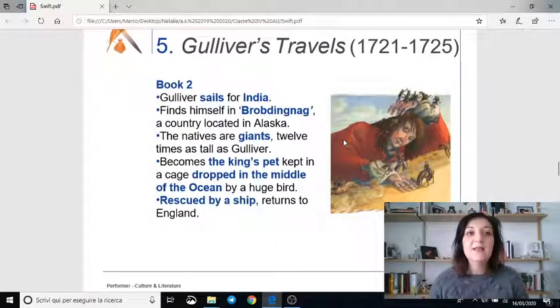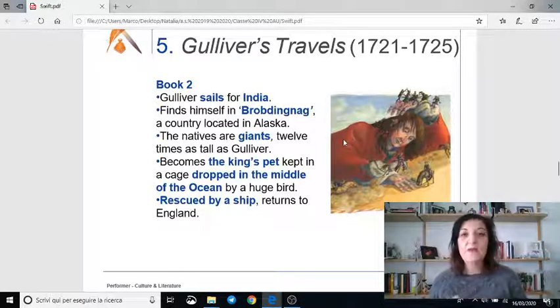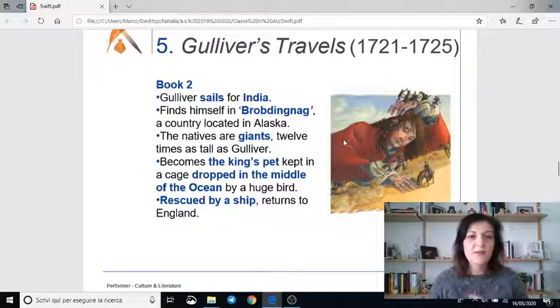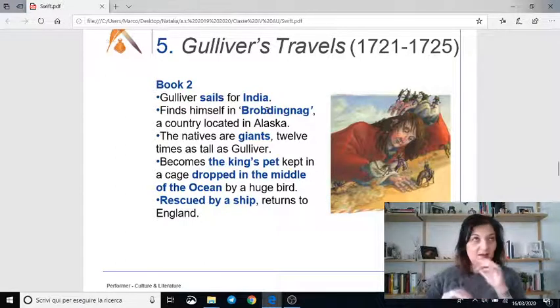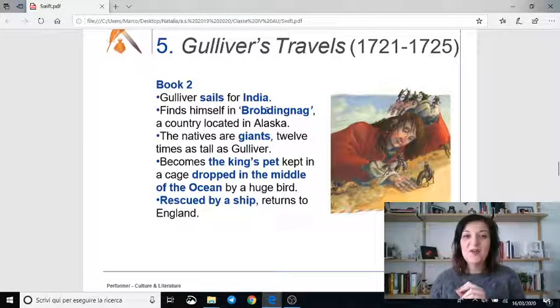Then in book number 2, in the second book, Lemuel Gulliver sails for India, but this time he doesn't find himself in India, but in another strange world, in another strange land, whose name, as you can see here, is very difficult to pronounce: Brobdingnag.